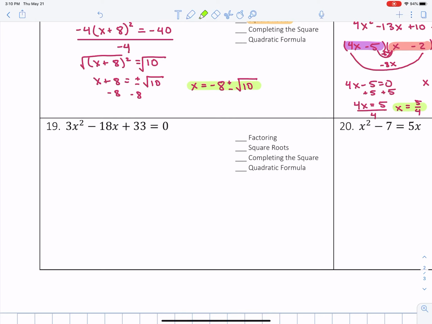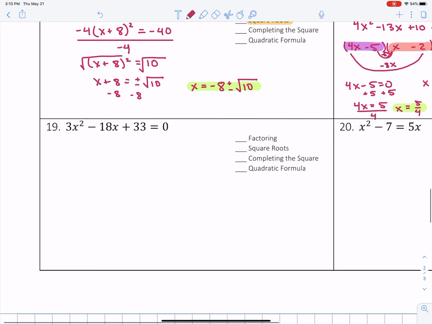Okay, for this one, if you'll notice, all of these are divisible by 3. So I'm going to divide them all by 3 to make everything a little easier to see, leaving you with x squared minus 6x plus 11 is equal to 0.